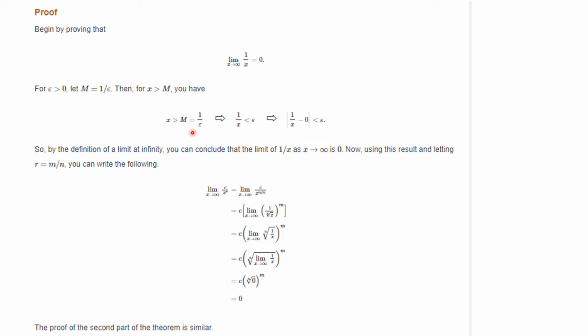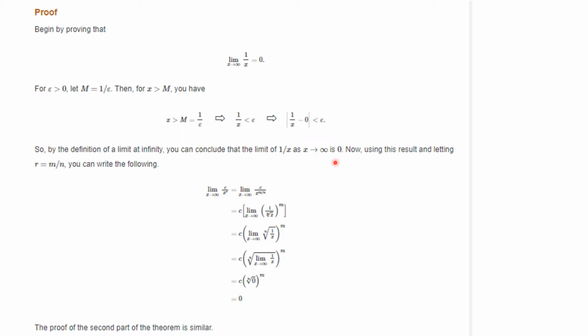But that implies, if we solve this, that 1 over x is less than epsilon. And that means that the absolute value of 1 over x minus 0, which is what we have here, is less than epsilon. So by the definition of limit at infinity, you conclude the limit of 1 over x as x tends to infinity is 0.